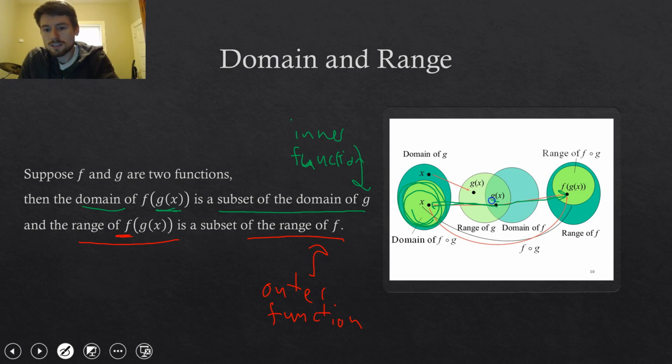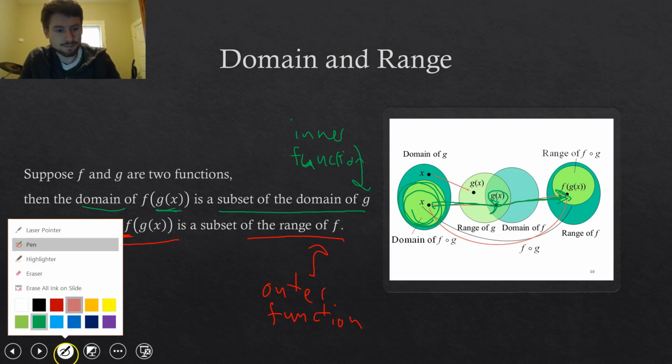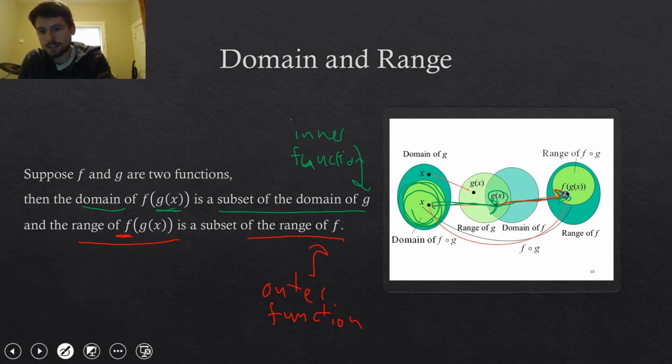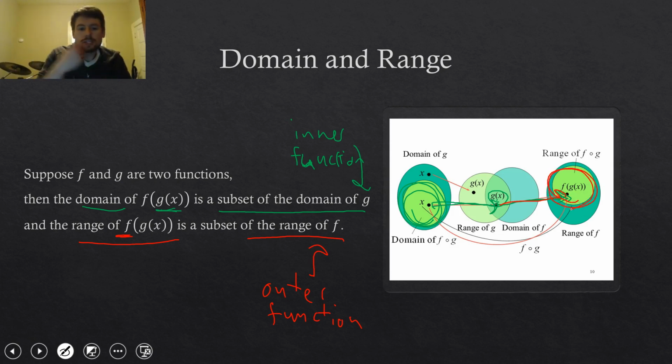And so this output right here, this g of x, for that original x, since it lands in the domain of f, then we can actually have a home for it to go to. And so this is where it's going to end up, which is the range. So this is the range of f of g of x, which is, again, some subset of the range of f itself.